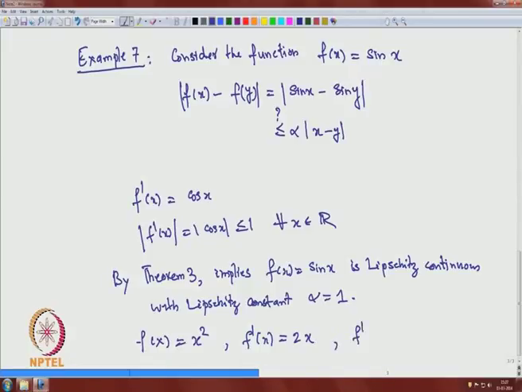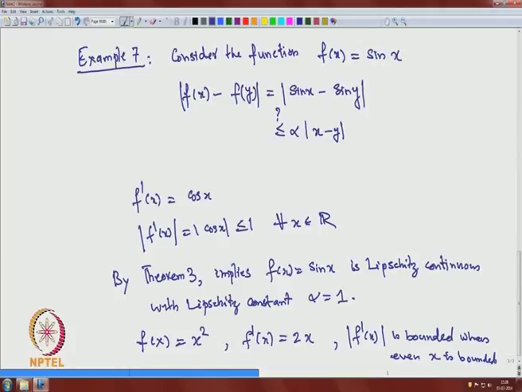So, in a bounded domain f(x) equal to x squared is Lipschitz, or that is locally Lipschitz.